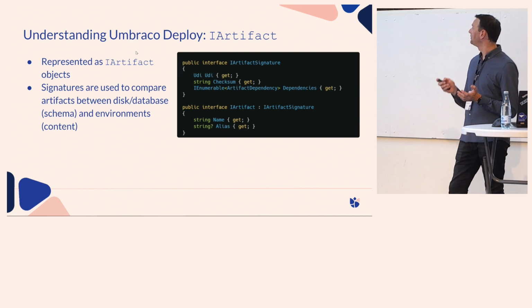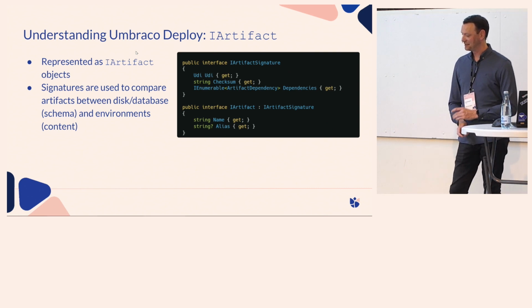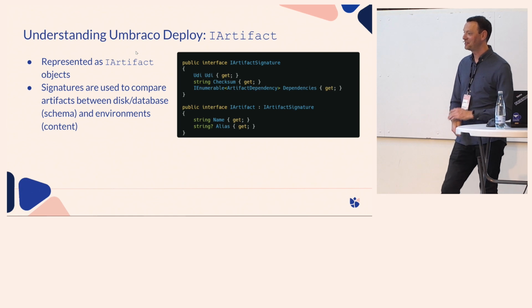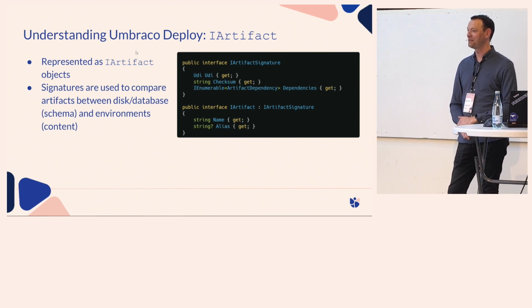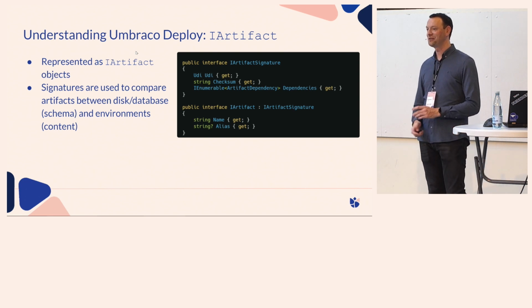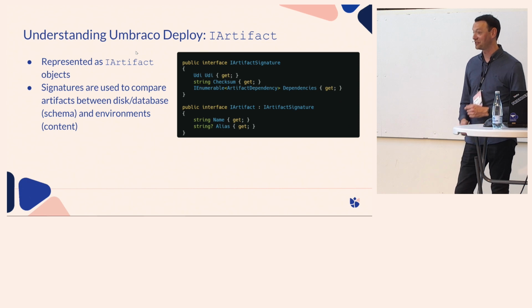It can have dependencies, and it also has a checksum, and a checksum is important for deploy because that's essentially a hash of the actual JSON itself. And that allows deploy to optimize the deployment between environments by using the checksum that's also stored in the database to compare whether things have changed or not without having to generate the artifacts as part of the deployment process again and again.